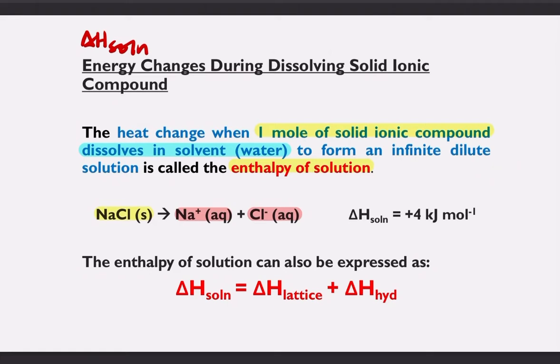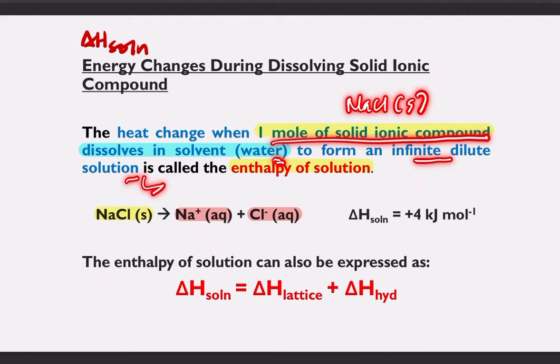It is the heat change when 1 mole of solid ionic compound, let's say the NaCl solid just now, dissolves in water to form an infinitely dilute solution. This will be your aqueous ions. We know that this process is a two-stage process.